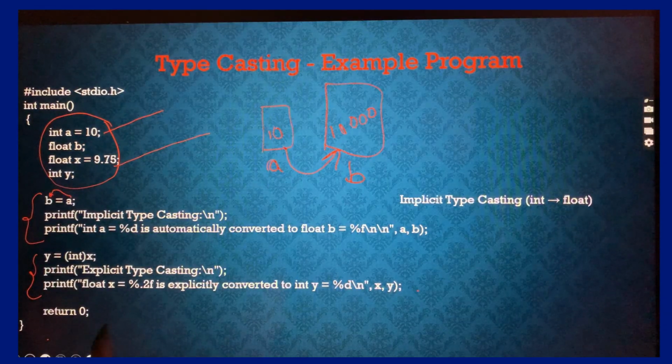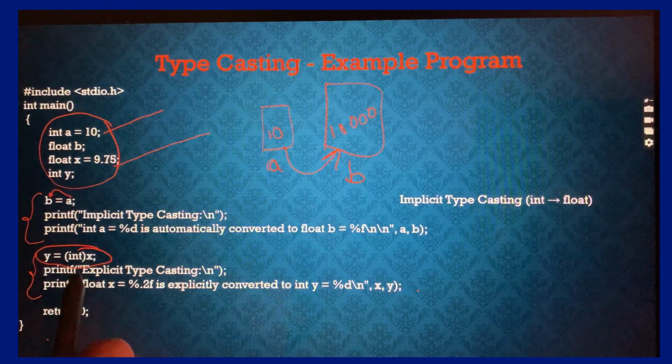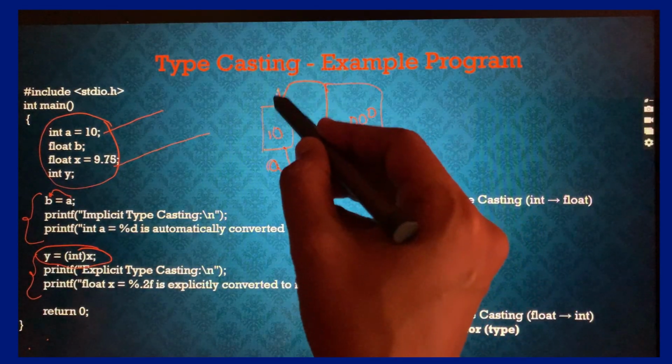Okay. Now the second part is explicit typecasting. Explicit typecasting occurs when the programmer manually converts a value of one data type into another data type using the cast operator. So this is usually done when converting from a larger data type to a smaller data type.